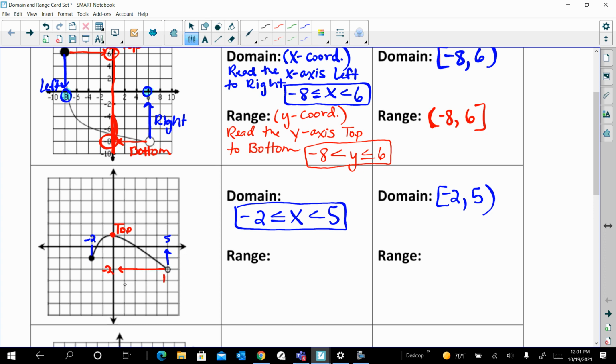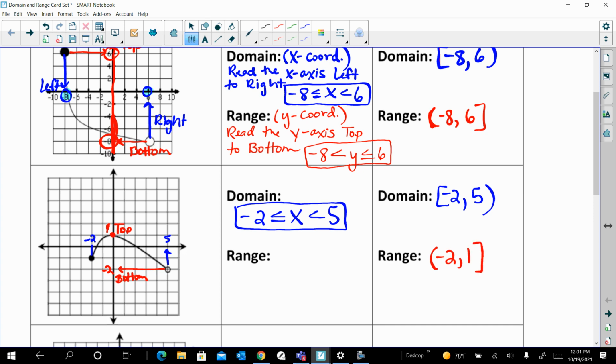This would be the bottom. So your range, the highest part was at 1. The lowest part was at -2. It was an open circle, so that's parentheses -2, comma 1.